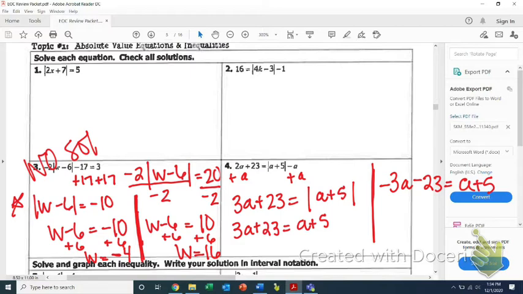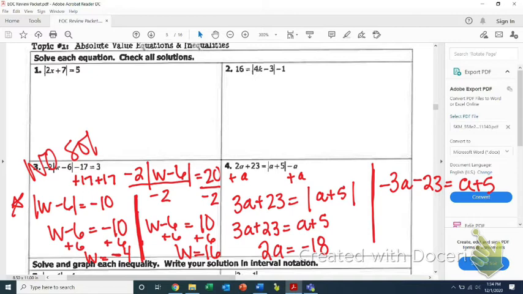Here, all you do is solve your equations, get all of your a's on one side, and all of your constants on the other side. This turns out to be 2a equals negative 18.